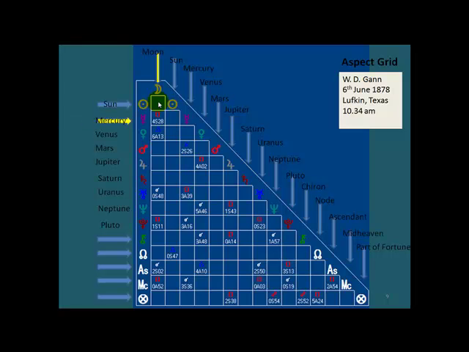But if we go down, we can see that the Moon is square Mercury, and then another one down we can see that the Moon is trine Venus. Trine, remember, is, well, I haven't told you, 120 degrees.